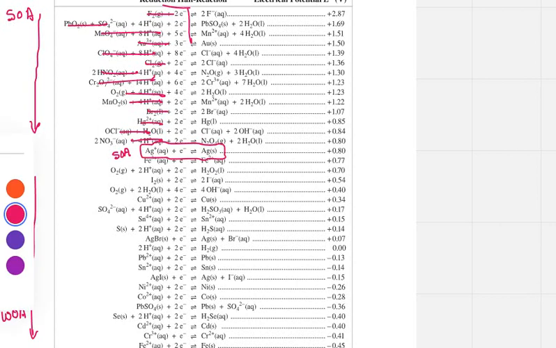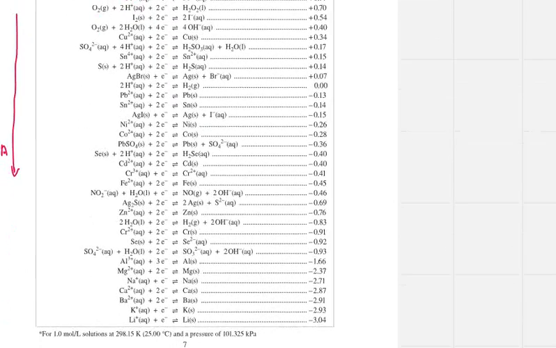Now that we have that, the second part of this is start on the bottom right corner of the table and read up. On this side, the strongest reducing agent, lithium metal, is in the bottom right corner here. And if we don't find that, we'll try potassium, barium, calcium, and so on.